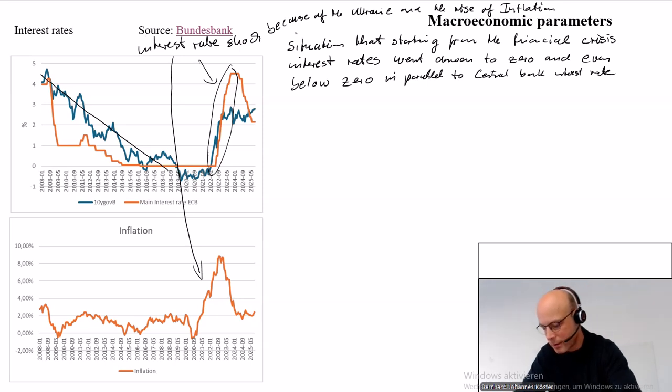This was an answer to this increase of the inflation rates.